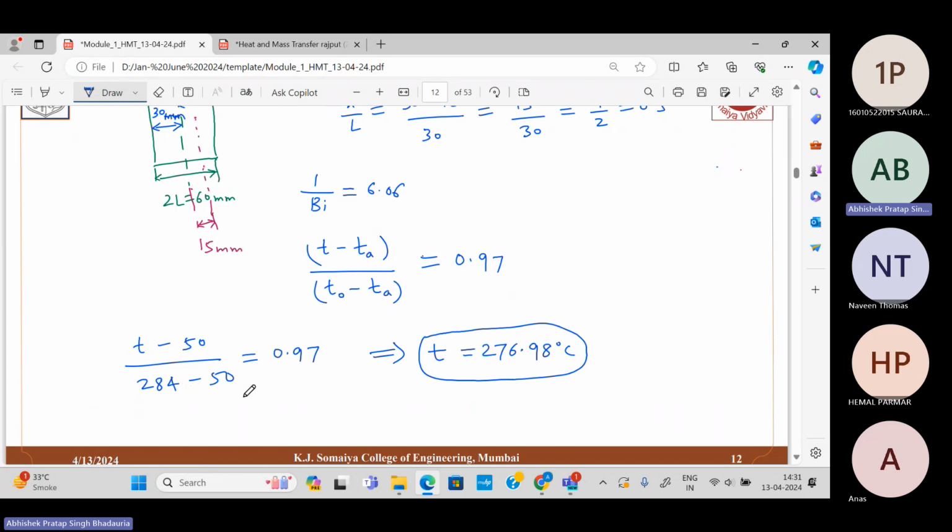In that correction factor expression, the T naught factor is there, so we'll put the value of the center line or midplane temperature in that expression itself, and then we can directly find the temperature at a location other than the midplane within the geometry. Fine. So this is how we can solve the problem with the help of Heisler's chart.